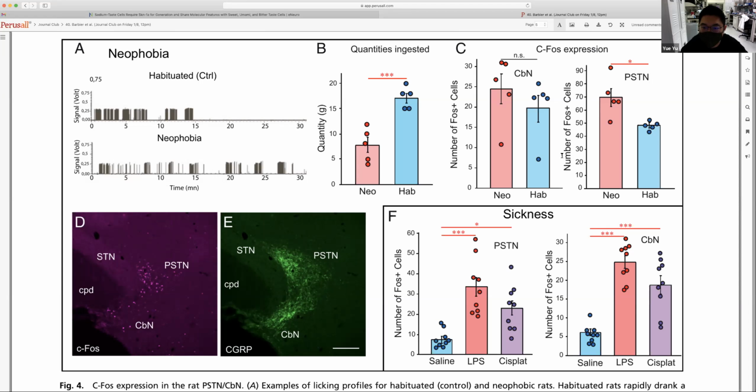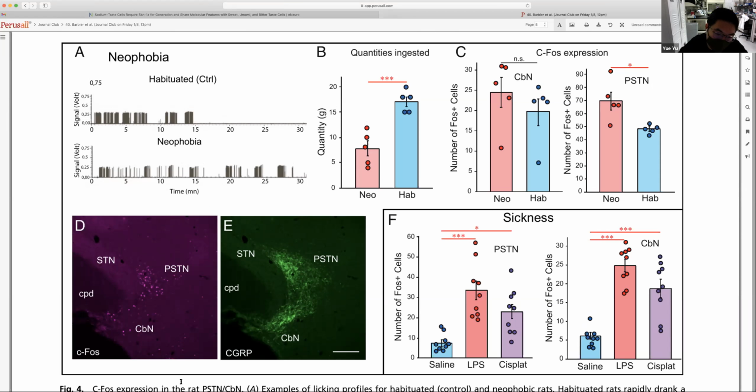If they have a group of rats that are habituated to drinking the sucrose, and I think sucrose, right? Yes. And then they introduced this neophobia to the, oh, it's snowing outside. Okay. And then if they have another group of mice that have been drinking this water for the first time, they can see a significant difference in the signals. I think that is the neuronal reactions, right?